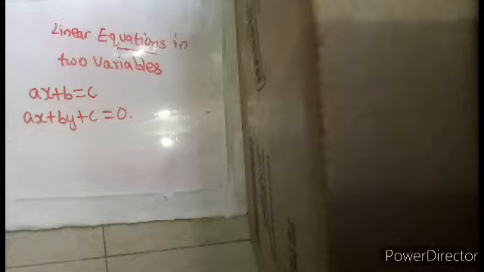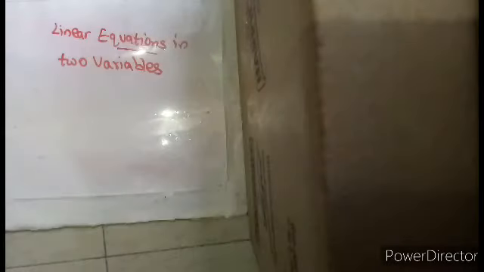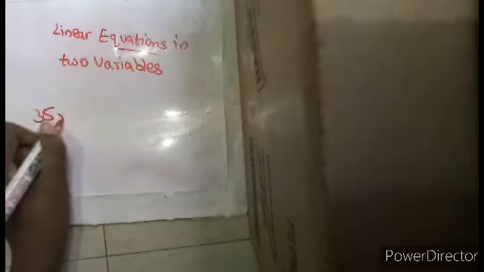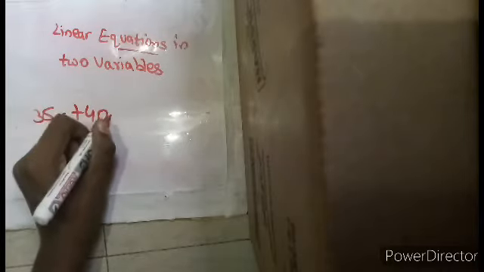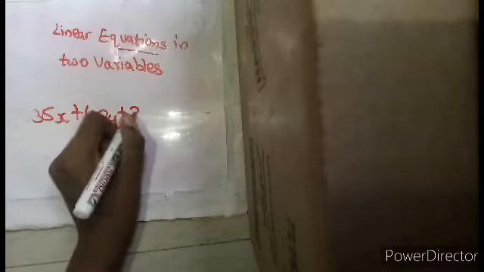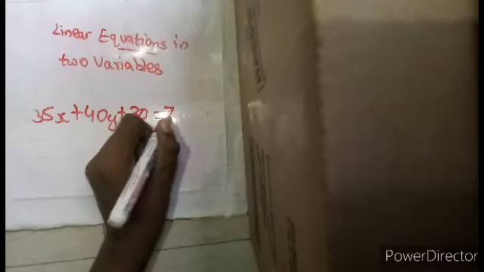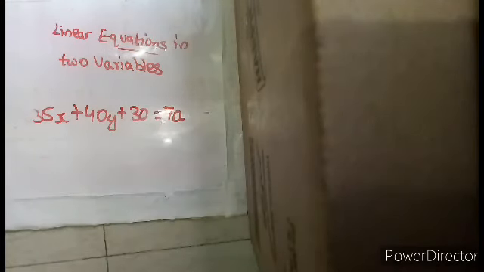I'll tell you an example. Suppose you are given 35x plus 40y plus 30 is equal to 70.